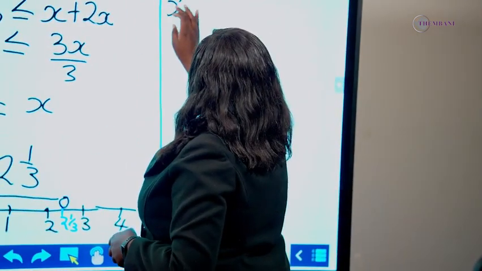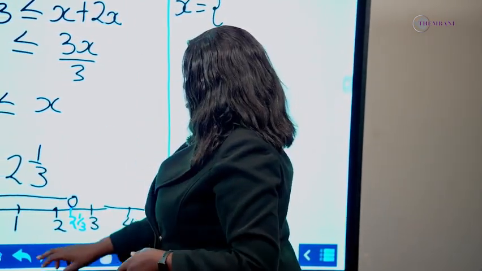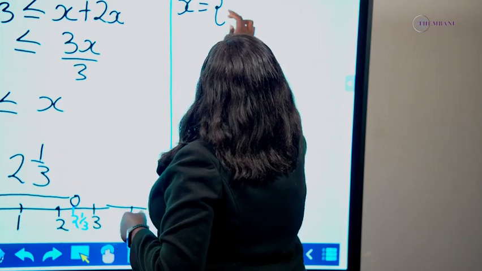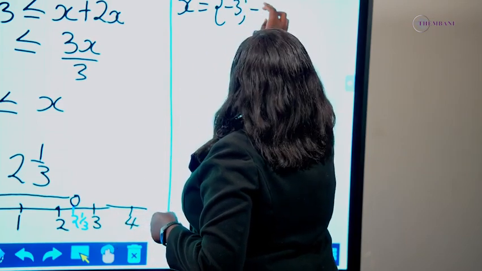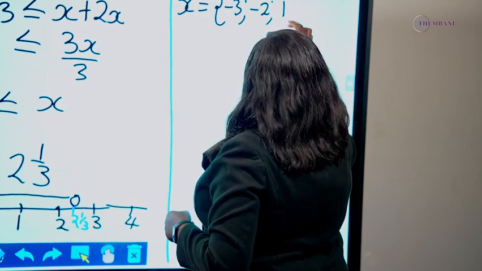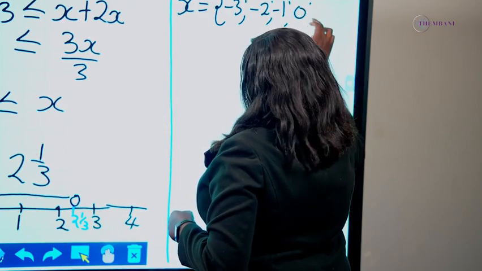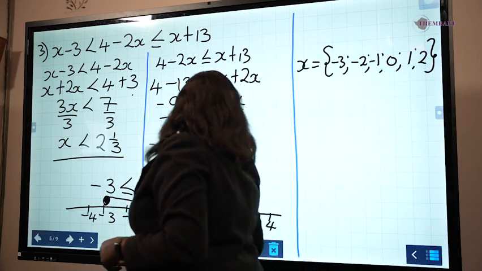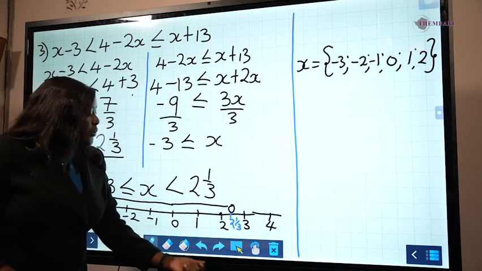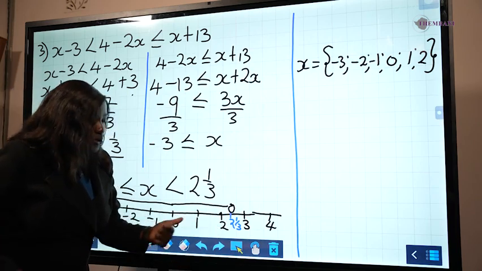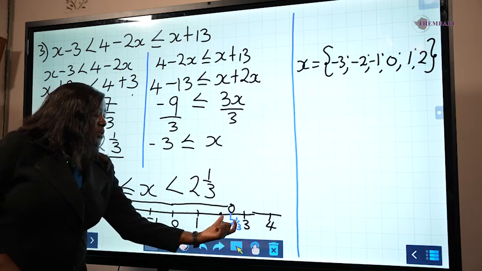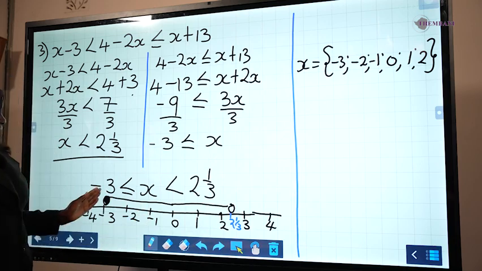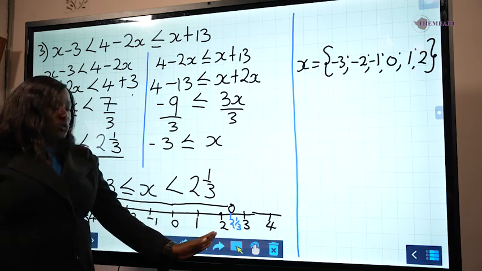So we are saying x is equal to, so I'm starting from -3, -2, -1, 0, 1, 2. Why am I ending on 2? I'm ending on 2 because I did not shade this or equal to. It means this value is not part of it. The values that we are needing, because we said x is an integer, are from -3, where we have shaded, up to 2.